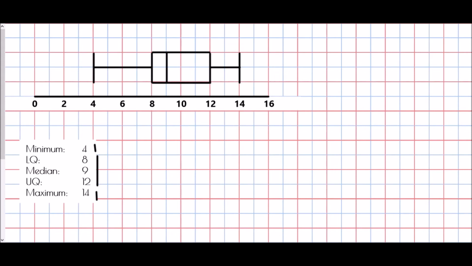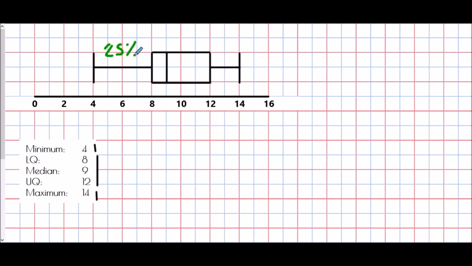Now I just want to add a little bit more detail to this because it's quite important what we're actually being told here. The different sections of the box plot are very important. We have basically 4 different areas. We have from the smallest value to the lower quartile. There is 25% of all of my data.